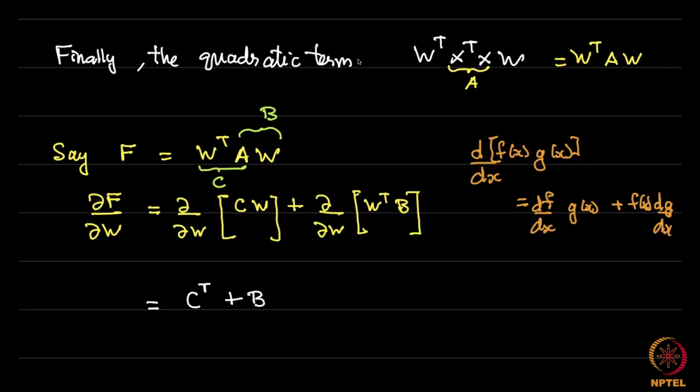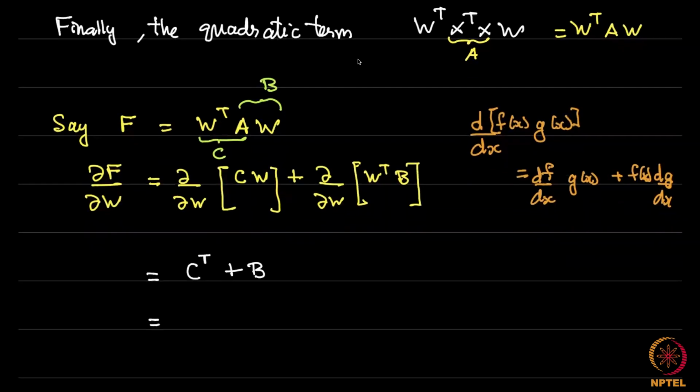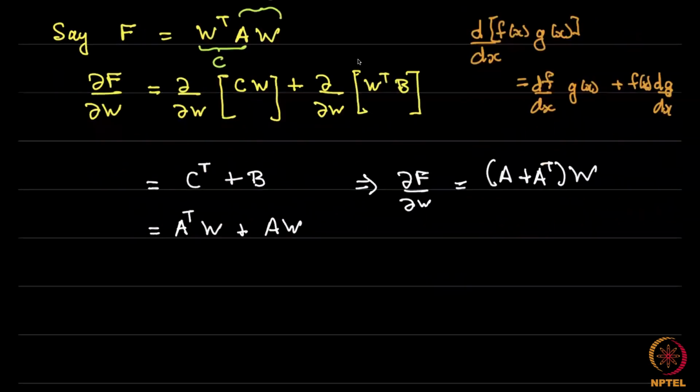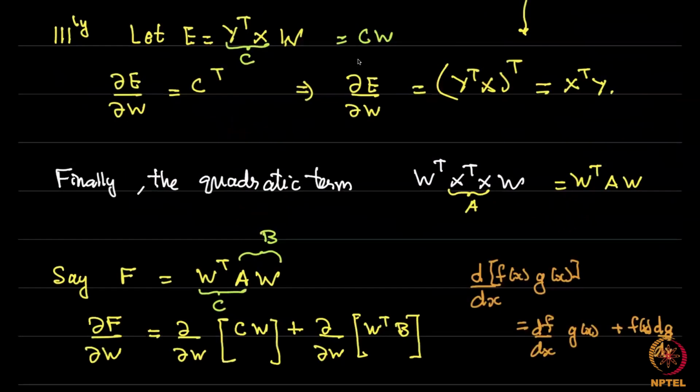Okay. Now C was W transpose A. If you take transpose of that, you get A transpose W, and B is simply AW. Okay. So put these together, you get del F del W is A plus A transpose multiplied by W. Now A itself was X transpose X. I think that is the definition. Yes.